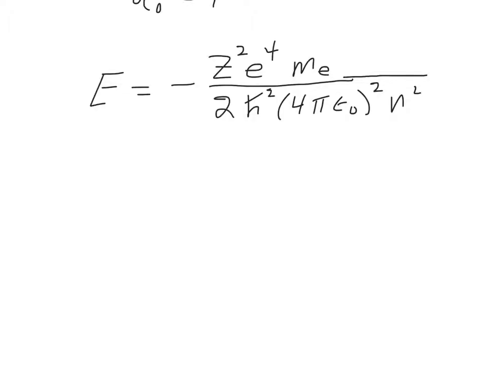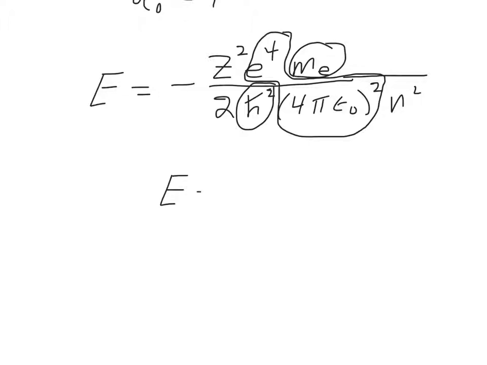Here, you look at all the constants in here, we see this is equal to 1, this part, take those together, those are equal to 1, the mass of the electron is equal to 1, and we simply have the energy levels are given by minus Z over n squared. Excuse me, minus Z over 2n squared.